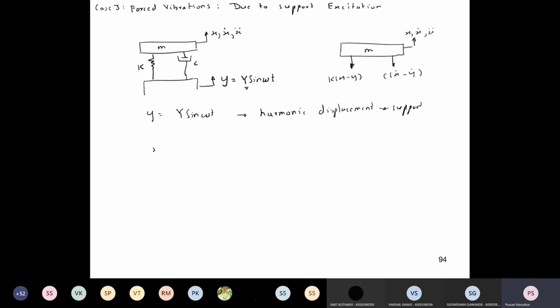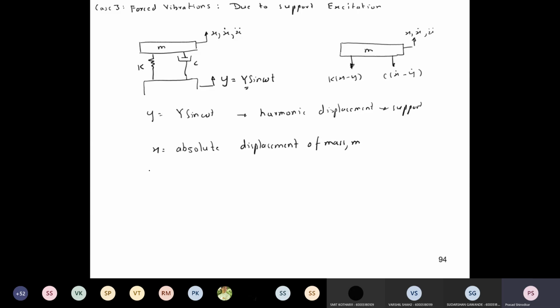Okay. x is the absolute displacement of mass m.